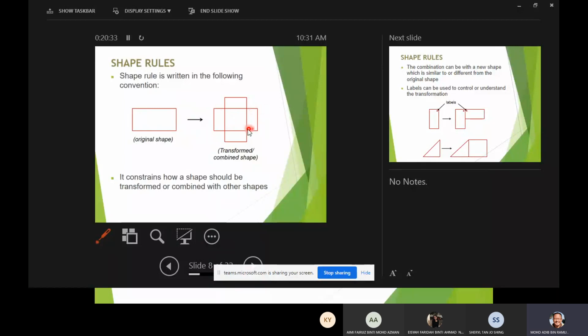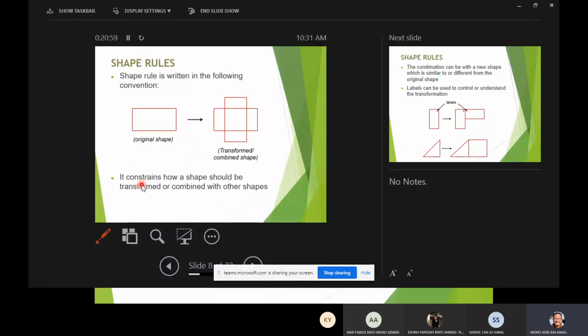You can still see the original shape here, but at the same time you add on another shape, which is identical, the same rectangle, but you rotate it 90 degrees and overlap it to become like this. Okay, so this is the shape rule.